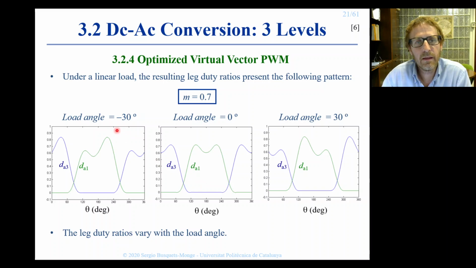Note that whenever the load angle is different than 0, the leg duty ratios vary, and the leg duty ratio waveform therefore depends on the load angle. This didn't happen in the initial virtual vector pulse width modulation, because in that case we had the same duty ratios no matter what load we were using. So this can be regarded as a disadvantage of this optimized virtual vector pulse width modulation.